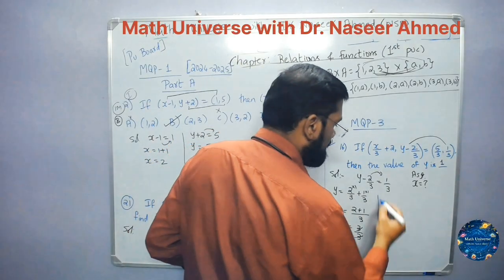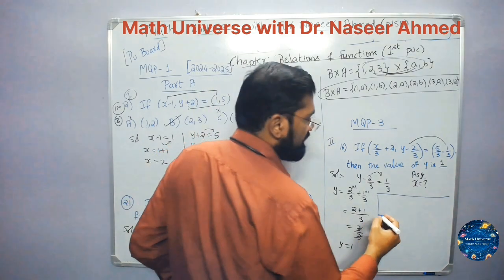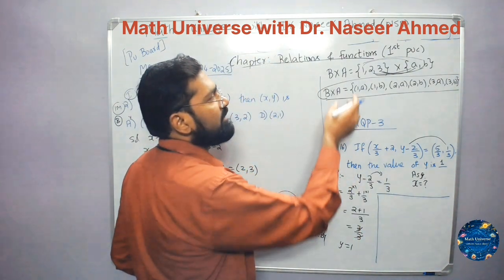I just want to talk about triplet here. What's the meaning of that? We have just spoken about Cartesian product. They were having two sets.